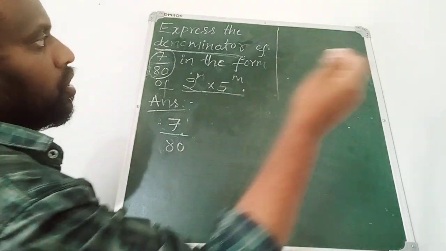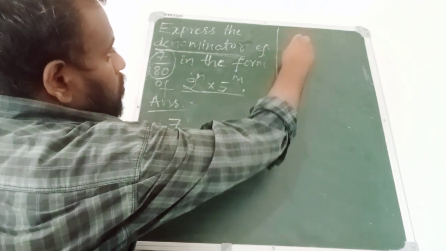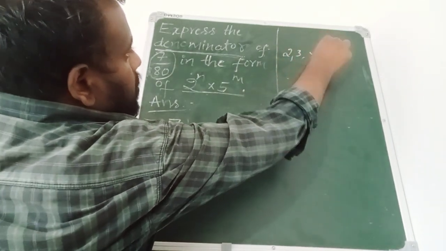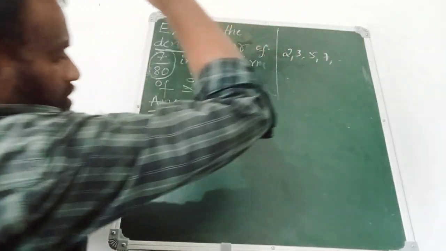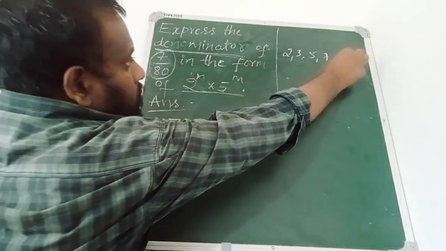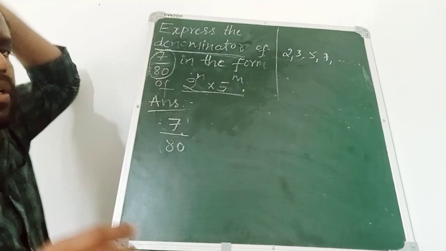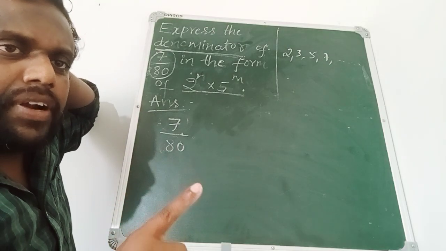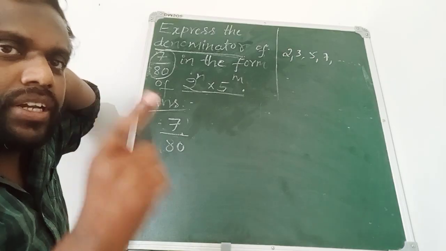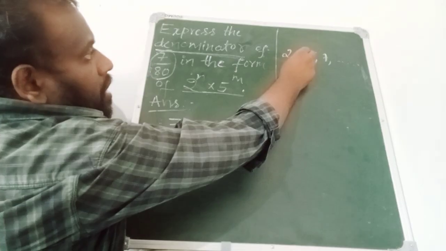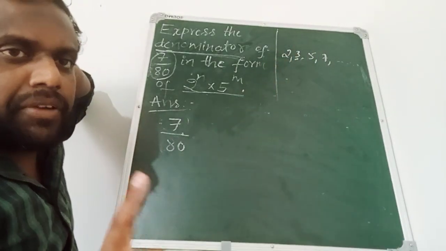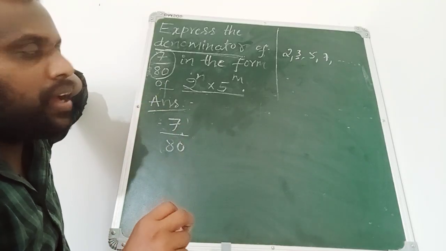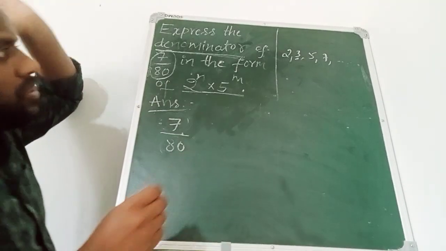Prime numbers start from 2, then 3, then 5, then 7, and so on. A prime number is a number that can be divided only by 1 and the number itself. For example, 3 can be divided by 1 and 3 itself, so that is a prime number.